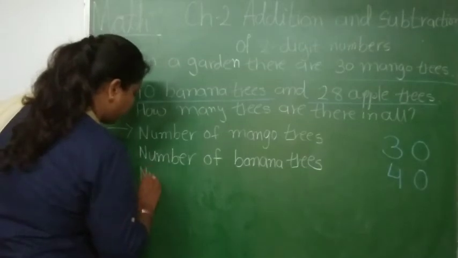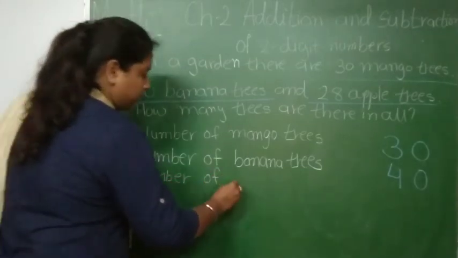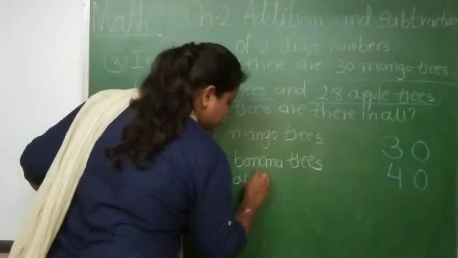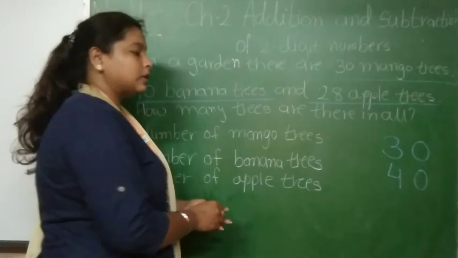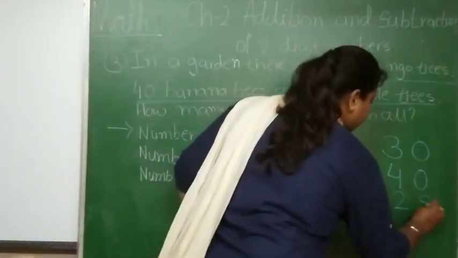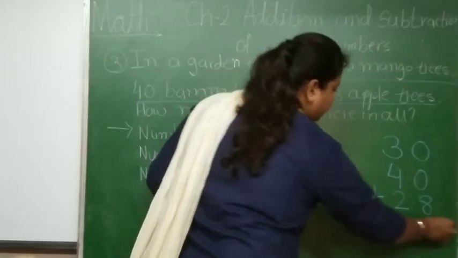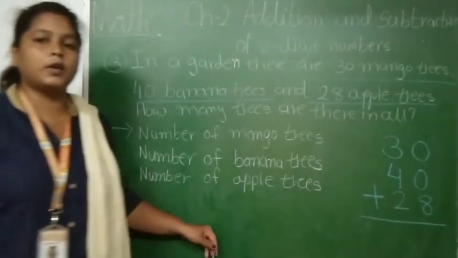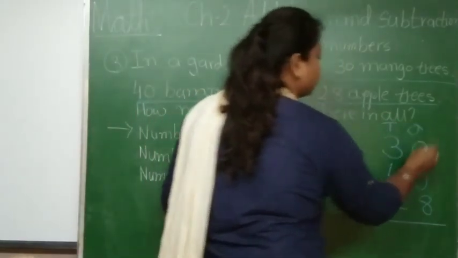So we will write number of apple trees. Number of apple trees, that is 28. Okay, so we will put the sign of addition over here and we will solve this sum. Okay. Here I have not written tens and ones, that you have to write over here.